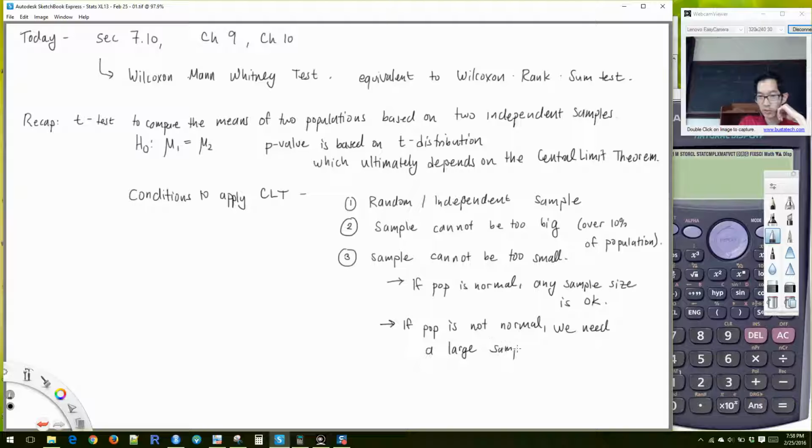And the rule of thumb was something like 25 or more is generally a large sample. Okay, but then we also said, if you have a really skewed distribution, then maybe 25 is still not big enough. Okay, hoping this feels familiar.